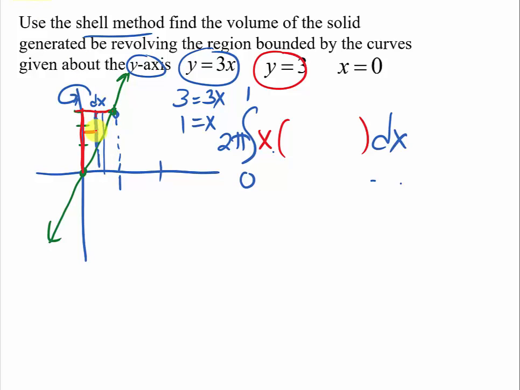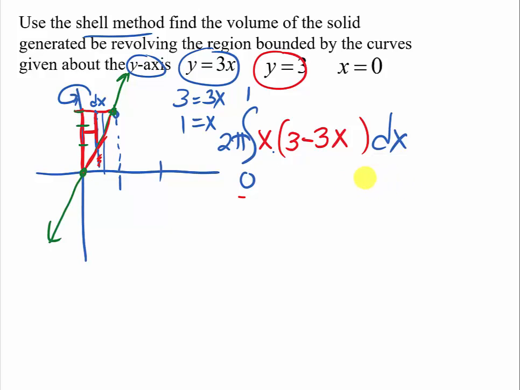I'm going to put this in red. This is the height of the shell. So it looks like it's going to be 3 because that was the y value at the top, and then subtract off the y value of this line. So subtract off 3x. The best way to do these is to look at the picture, look at your region, and see how do I need to express the height of that shell. Well, it goes all the way to the top, that's 3, but then it doesn't go all the way to the bottom, so I've got to subtract off that y value.